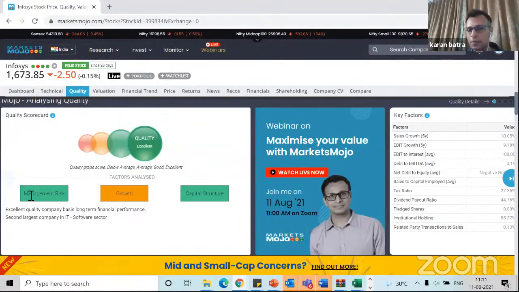So we put another restriction that institutional holding should be high, plus the domestic mutual fund holding should also be high. So all these factors culminate in forming the quality, which is the long-term fundamentals.